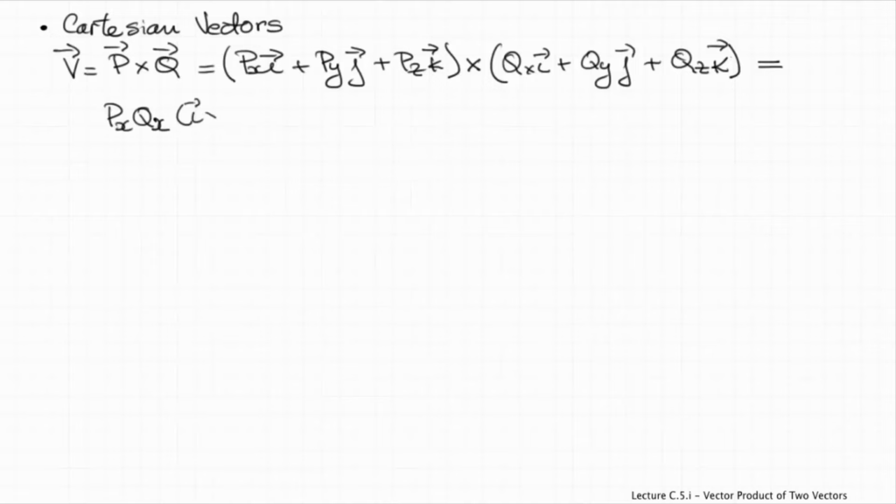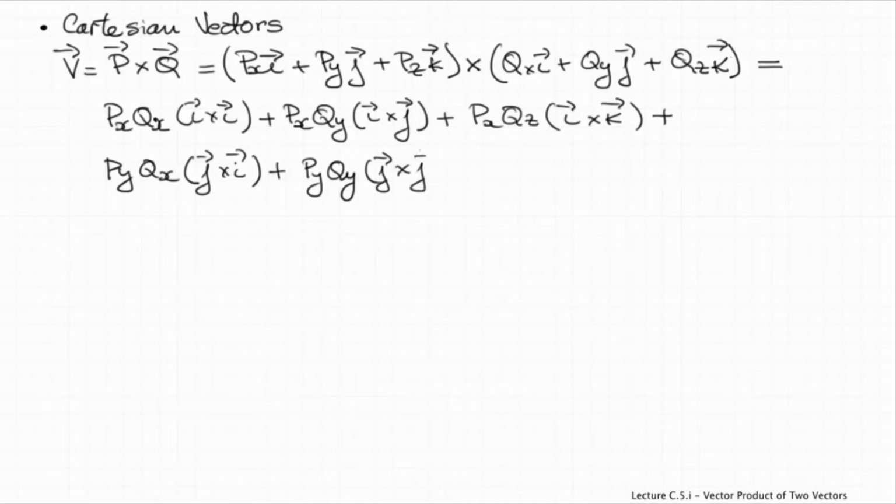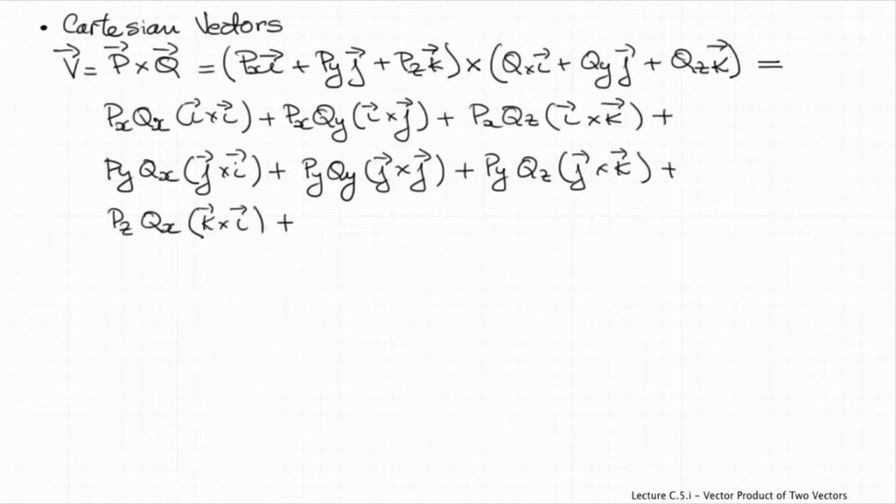So we will get Pxqx times i cross i plus Pxqy times i cross j plus Pxqz times i cross k plus, it's a long one, Pyqx times j cross i plus Pyqy times j cross j plus Pyqz times j cross k plus Pzqx times k cross i plus Pzqy times k cross j and plus Pzqz times k cross k.